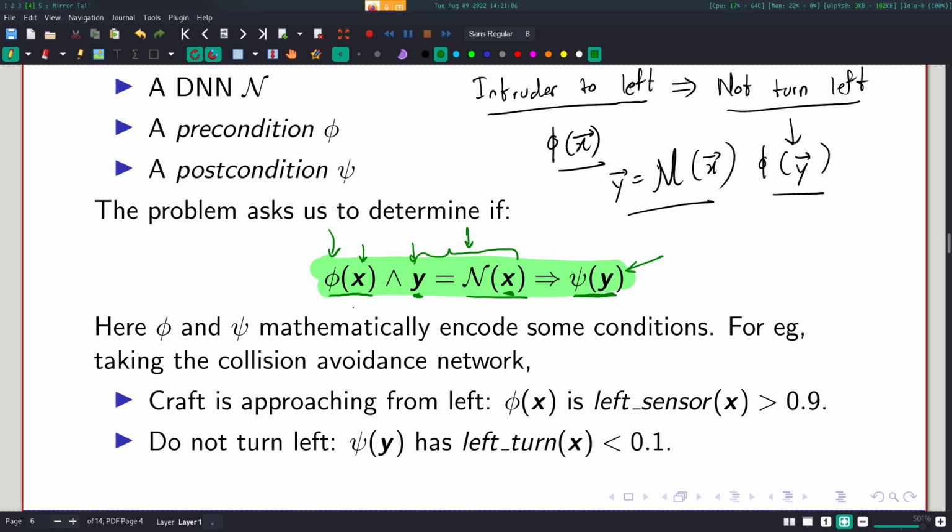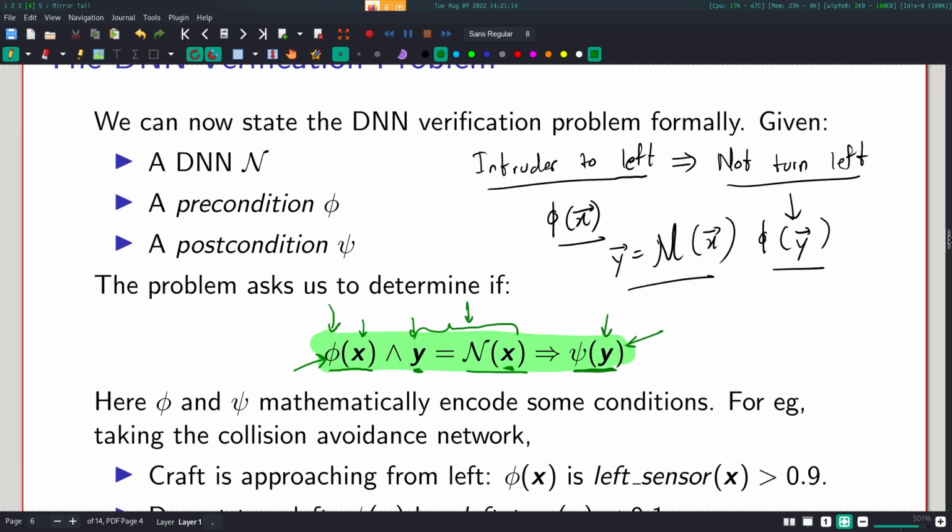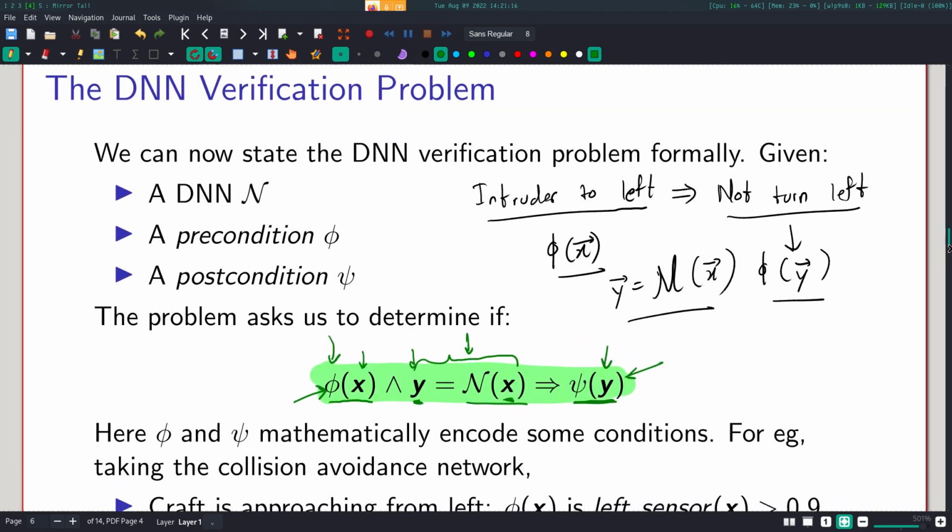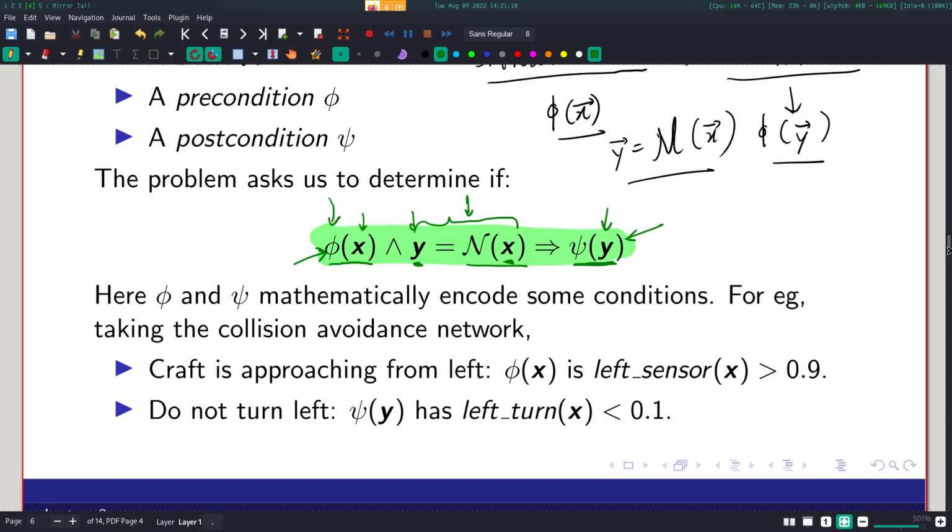Then if that input vector satisfies your precondition, the output vector should satisfy your post condition, right? So is the formal specification of the property clear? Any questions?